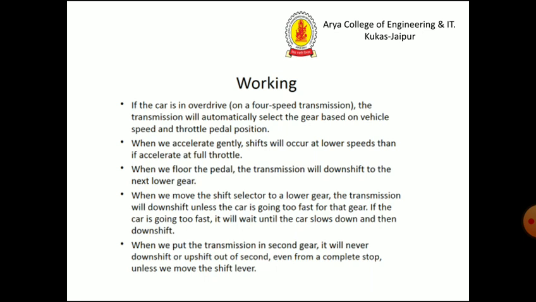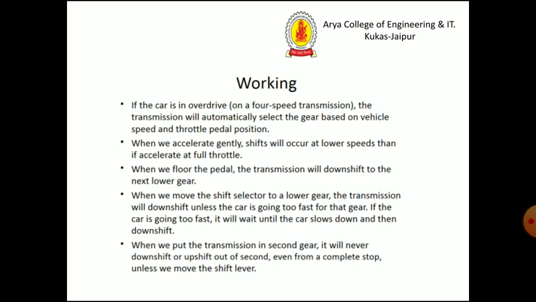In the working of an automatic transmission system, if the car is in overdrive on a 4-speed transmission, the transmission will automatically select the gear based on the vehicle speed and throttle pedal position. When we accelerate gently, shifts will occur at low speeds. If we accelerate at full throttle, when we floor the pedal, the transmission will downshift to the next lower gear.